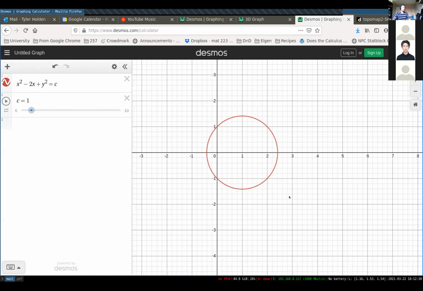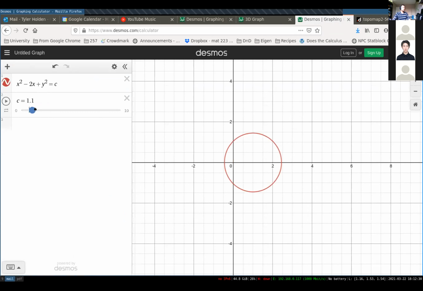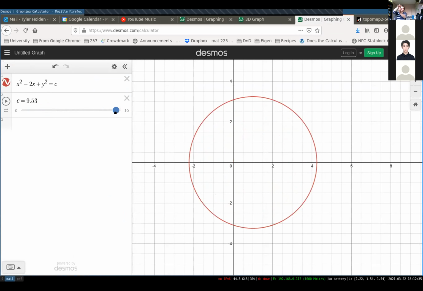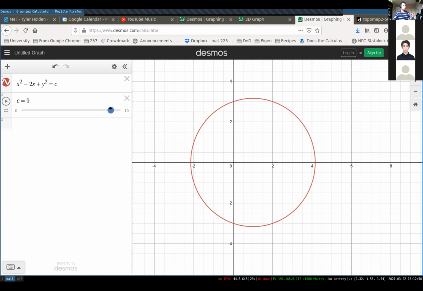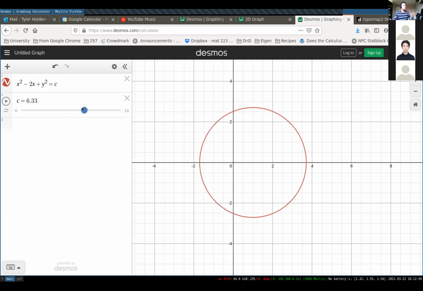Right? So what I want you to think about is, let's suppose that we're looking at this from above. This is the XY plane, and what I'm doing is taking a bunch of different cuts at different heights, and what the slider is doing is changing the height at which that occurs.